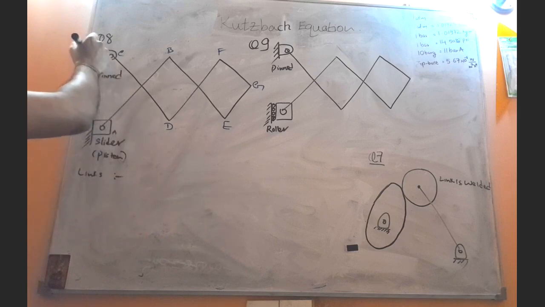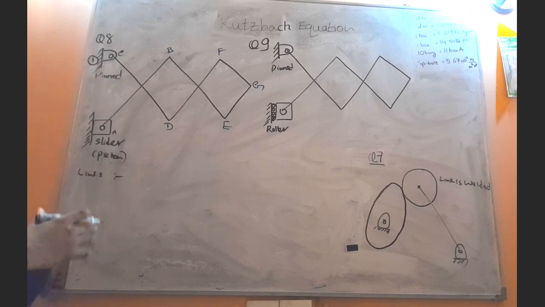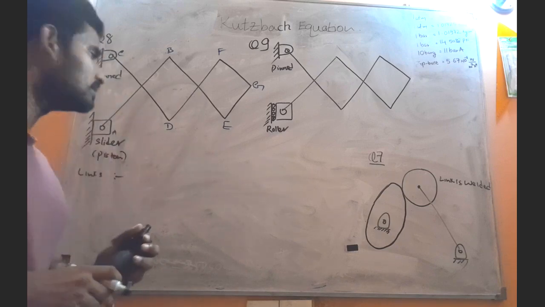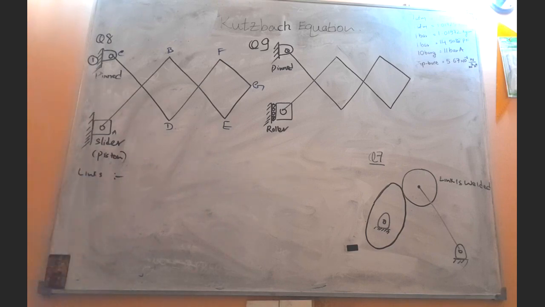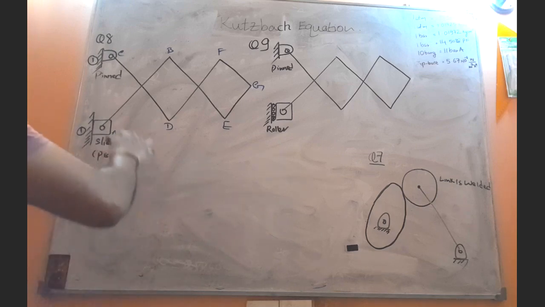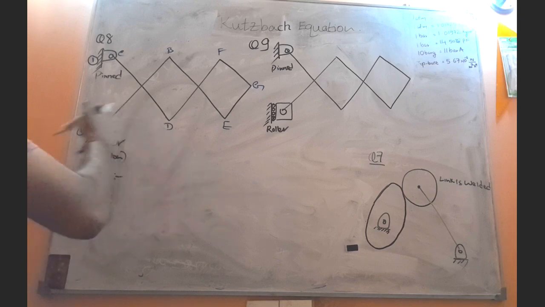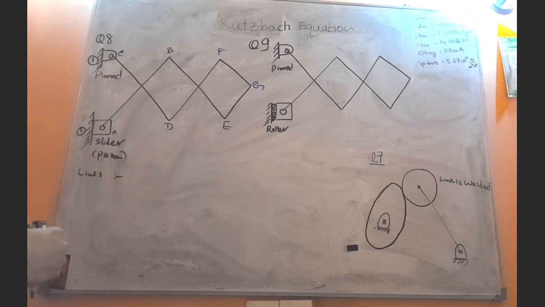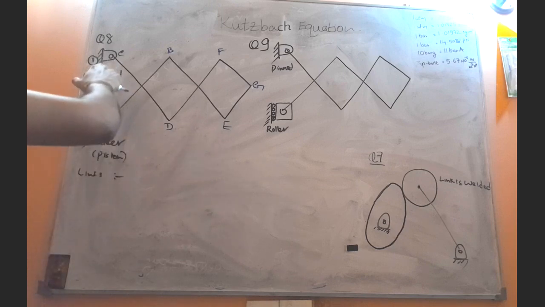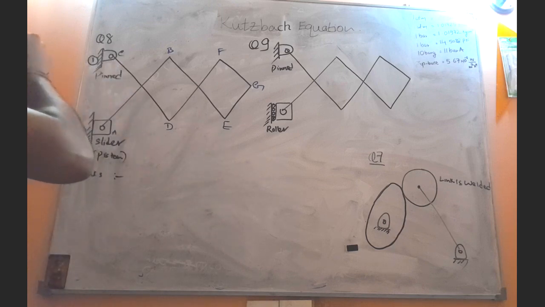The very first member is the base, so that is number 1. Here also we have number 1, because anyhow the slider must be connected to the base. Here also, in order to have this pinned connection.